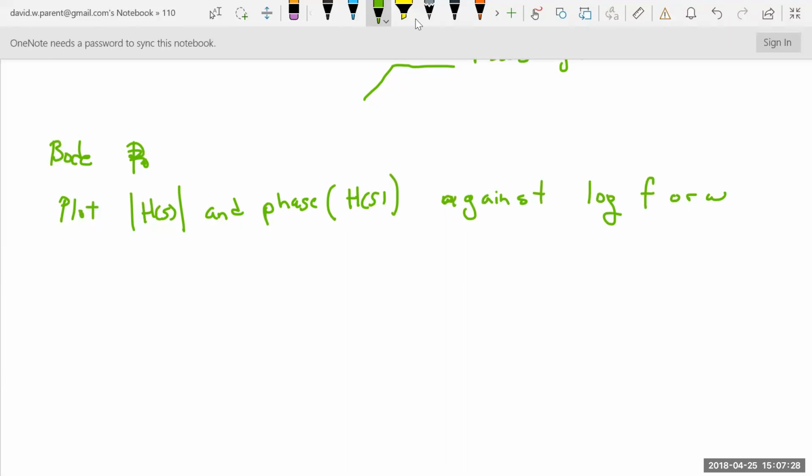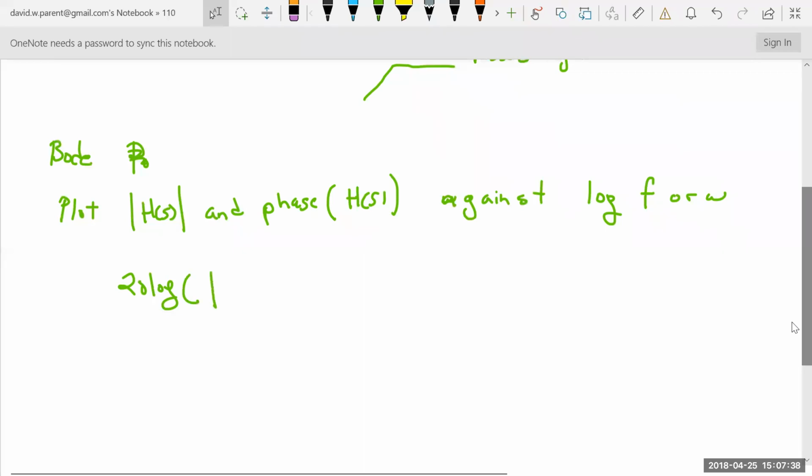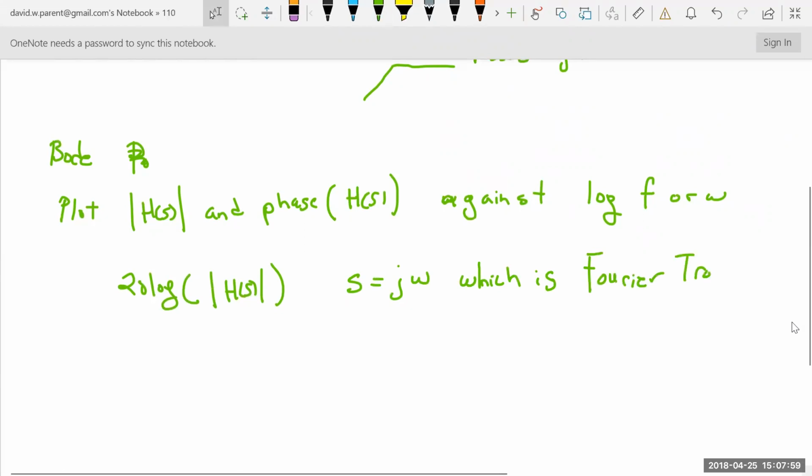All right. And then the magnitude is 20 log. Right. And yeah, we just substitute s equals j omega, which is the Fourier transform. All right.